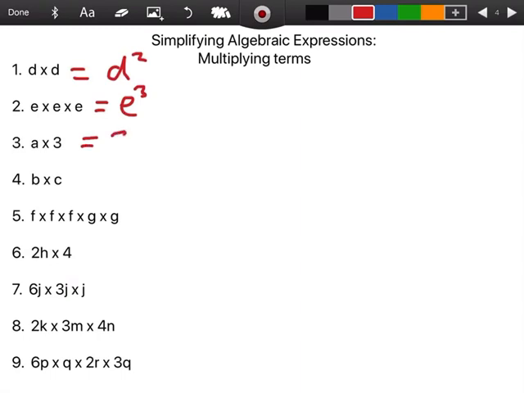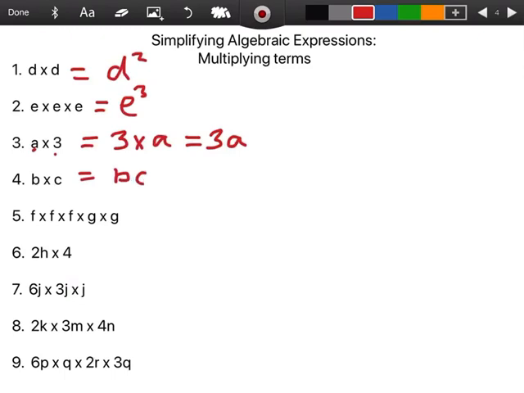So a times 3 is the same as 3 times a, because it doesn't matter which way around we do a multiplication, and we can remove the times and leave that simply as 3a. Remember, you can't do that if both of these are numbers. That doesn't work, but for a number and a letter, or a letter and a letter, we could hide the times. So b times c, we can simply write as bc.